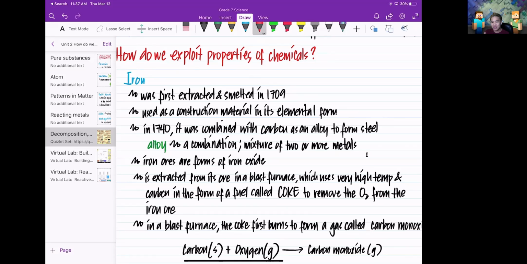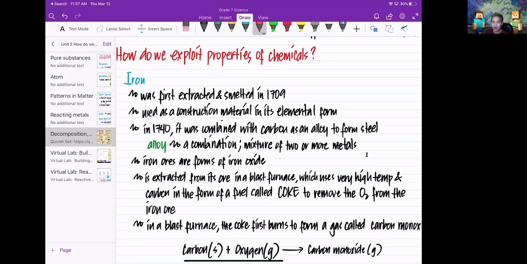Now, an alloy is a combination or a mixture of two or more metals. So here, we combine carbon and iron to form steel.